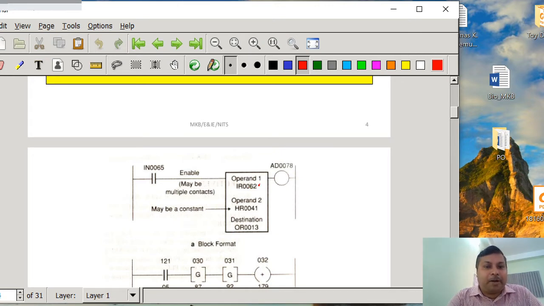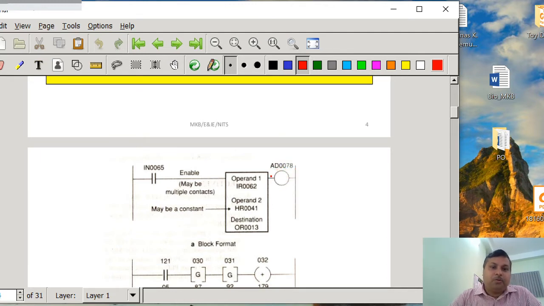One is operand 1, indicated by input register 0062, and then operand 2 may be HR0041, or a constant, and the result of the addition will be stored in the output register OR0013, which is the destination register. The addition operation is indicated by this coil AD0078.